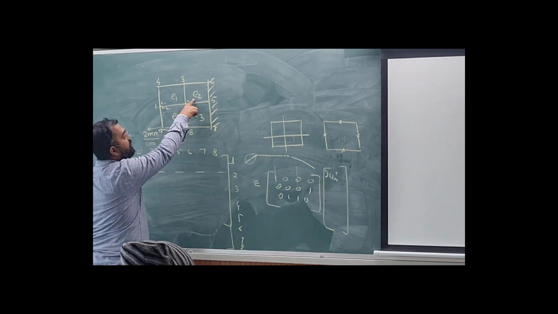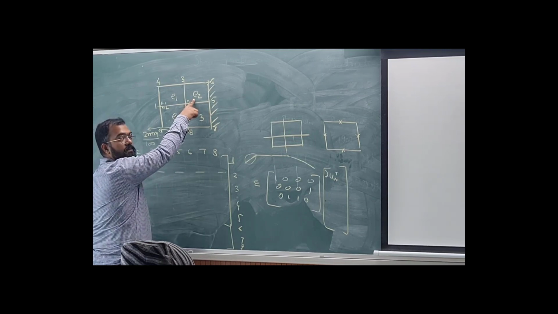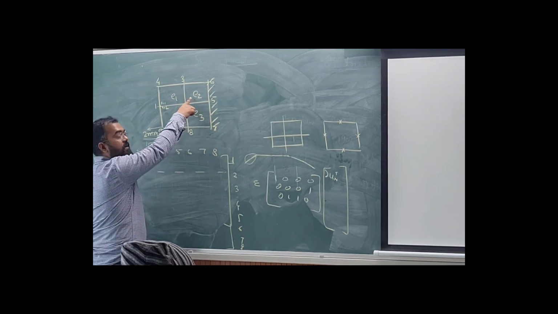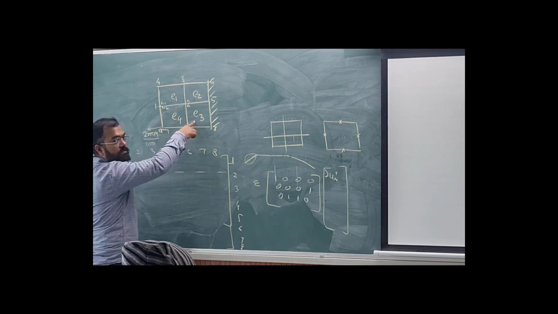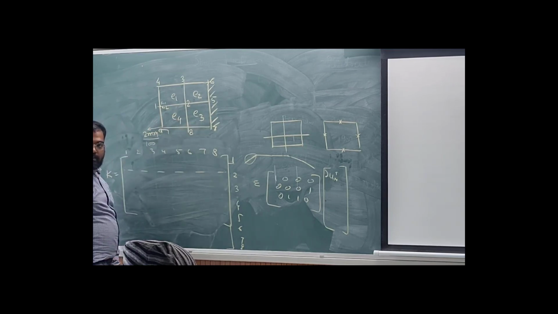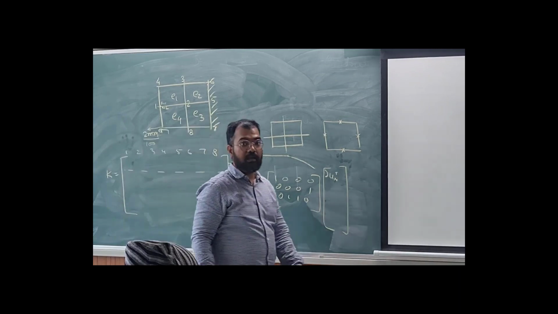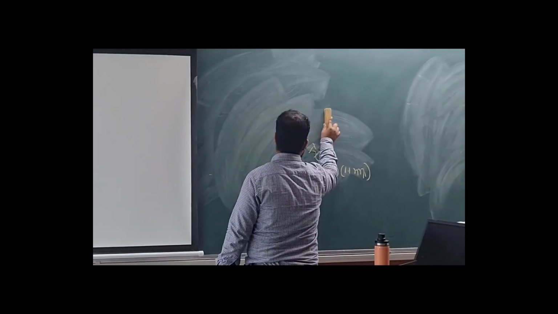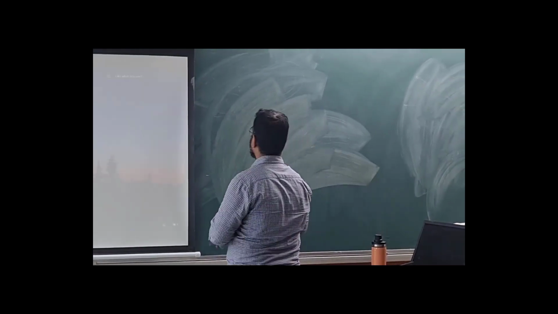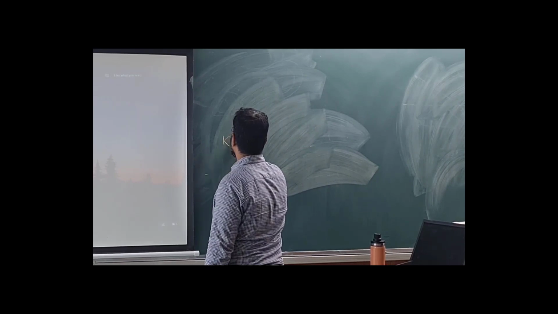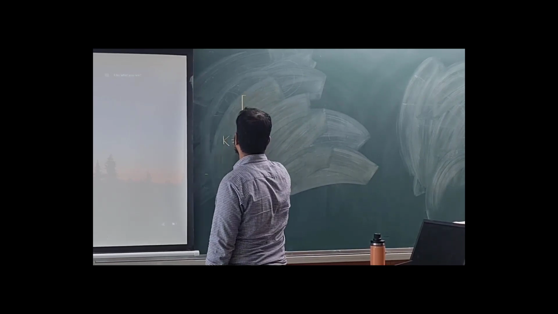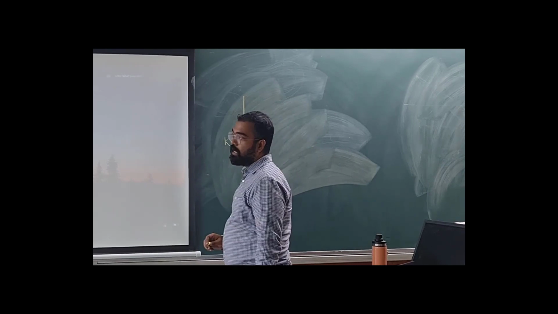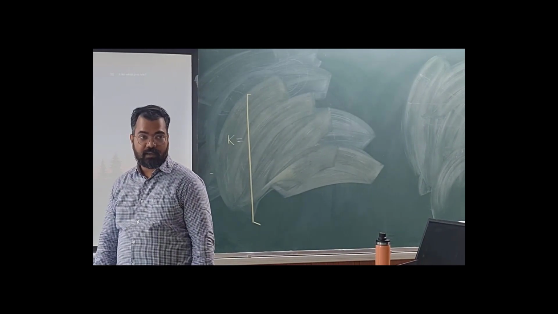Similarly, I will have a stiffness matrix for this element, for this one, and for this one. Now I have to make a global stiffness matrix, a matrix which assembles all these locals. How many nodes do I have? For 4 elements I have 9 nodes.